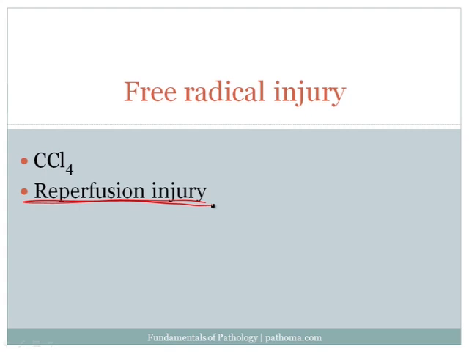And so the classic clinical vignette that can be given is that there's a patient, they get an MI, the cardiac enzymes are going up, they're taken to the cardiac cath lab, and the artery is opened, and after the artery is opened, the cardiac enzymes continue to rise. Now, why do the cardiac enzymes continue to rise? They continue to rise because once the blood is returned, the blood contains oxygen and inflammatory cells, and that's going to result in a generation of free radicals, which is then going to allow for continued injury to actually occur to the myocardium.